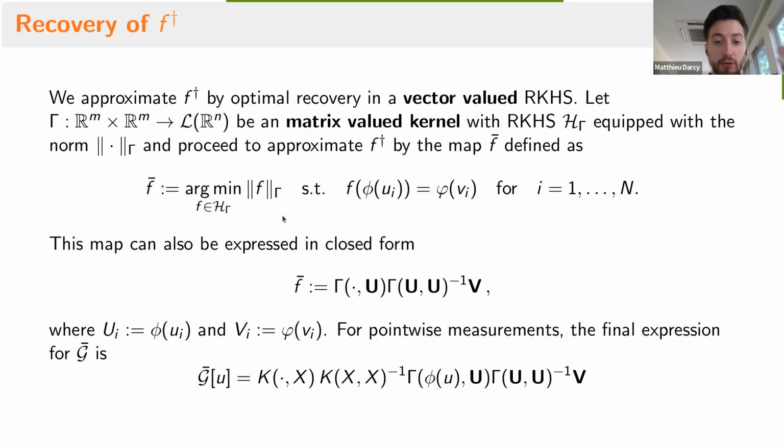Again, similarly to the previous case, this map can be expressed in closed form, and again, it amounts to a linear solve. And for pointwise measurements, the most common case in operator learning for PDEs, the final expression for recovery of G is given by this expression here.